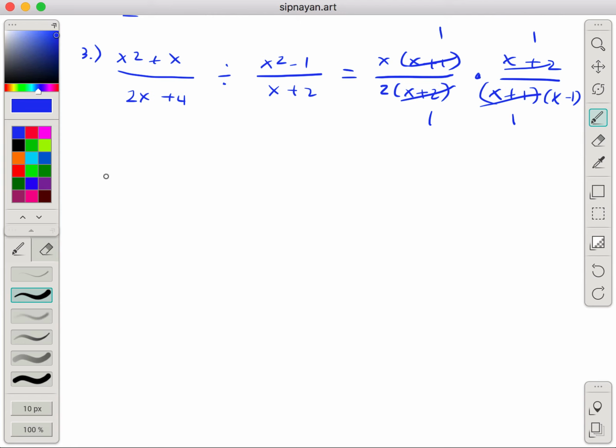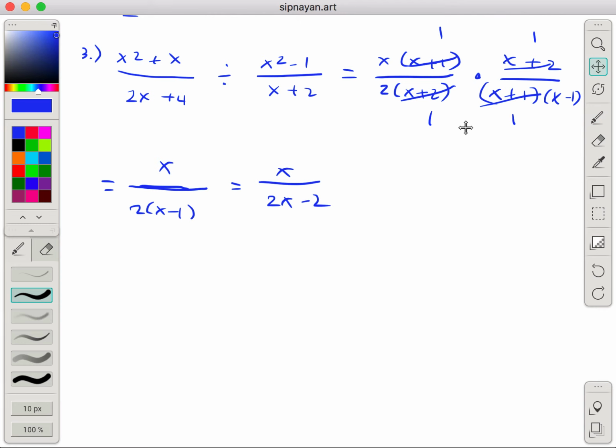So, matitira sa taas is x times 1 times 1, which is x. And yung nasa ibaba ay 2 times 1 times 1 times x minus 1, which is equal to 2 times quantity x minus 1, or x over 2x minus 2. So, ito na yung ating pinakasagot.